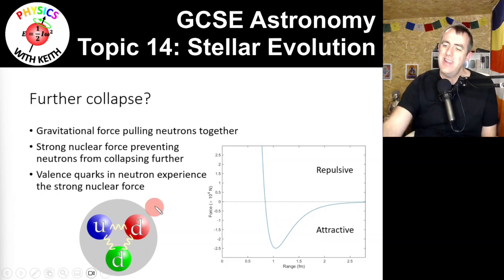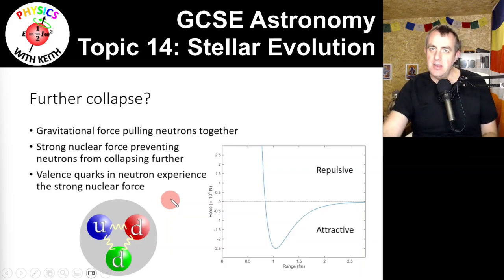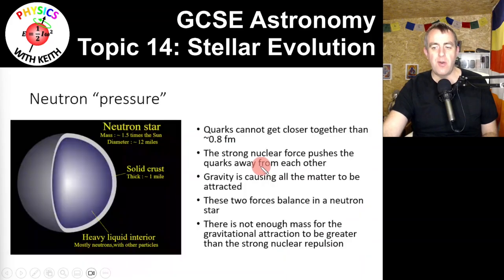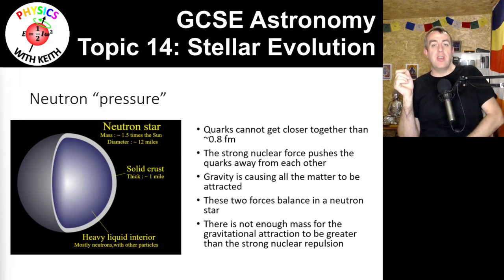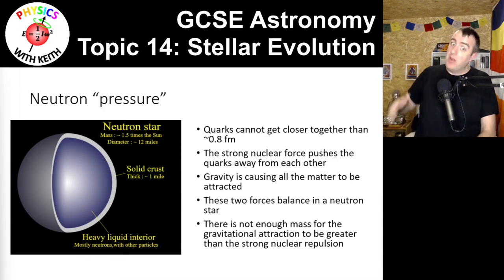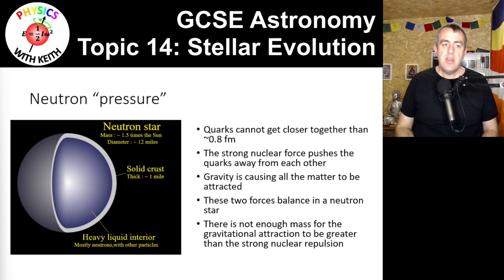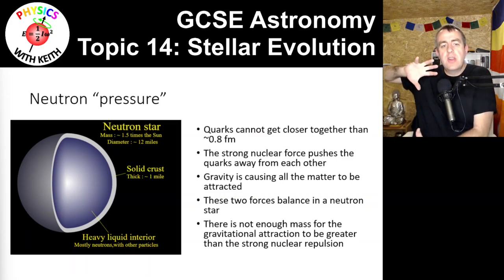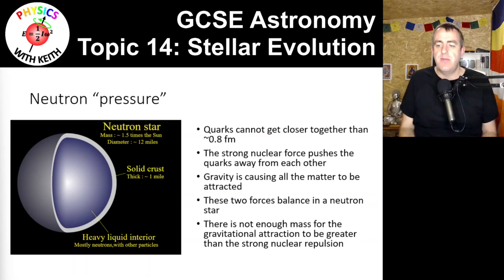Well, that is unless the gravitational force is bigger than that repulsive force from the quarks. And if the gravitational force is even bigger than that, in other words, we've got even more mass than that, then the neutron star is going to compress down even further into a black hole.